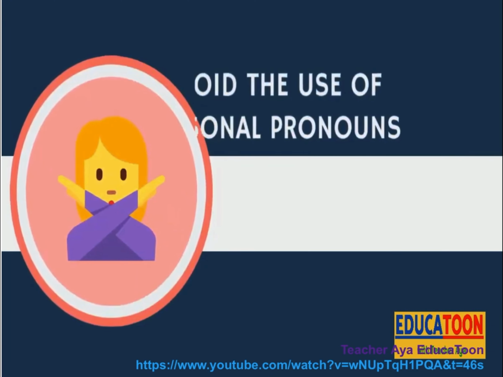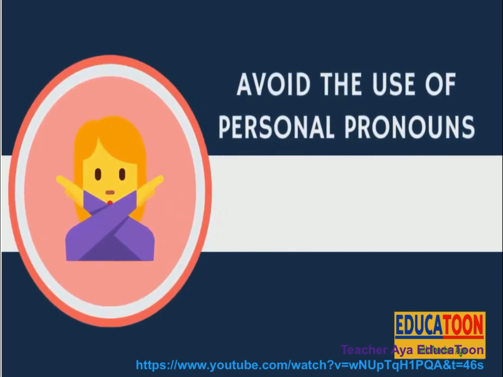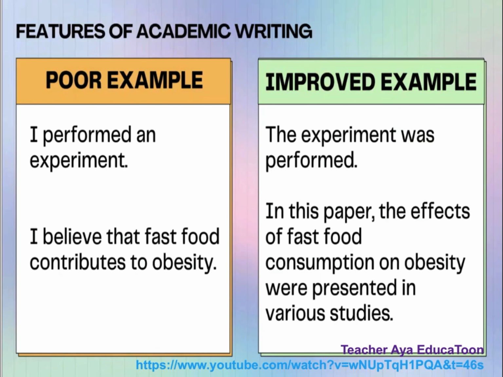In writing a research report, avoid the use of personal pronouns such as you, I, and we. Example: instead of writing I performed an experiment, write the experiment was performed. For you to avoid using personal pronouns, use the passive voice.